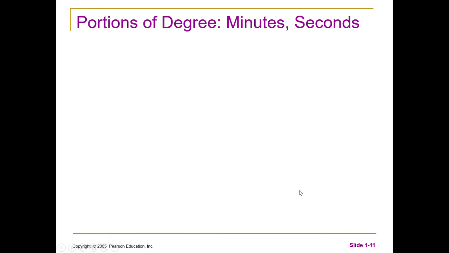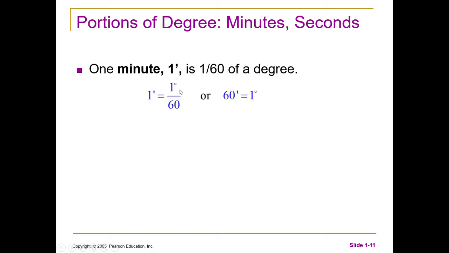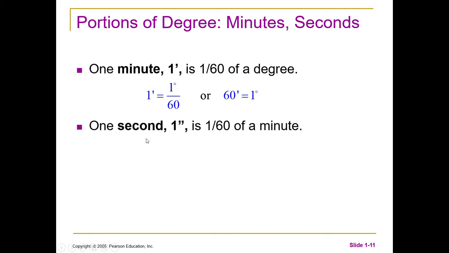So, paano may portion, degrees, minutes, and seconds? Conversion natin. So, alam natin, 1 minute is 1 over 60 of a degree. Diba? 1 minute, 1 degree over 60. Or 60 minutes is equal to 1 degree. Conversion natin. So, 1 second is 1 over 60 of a minute.